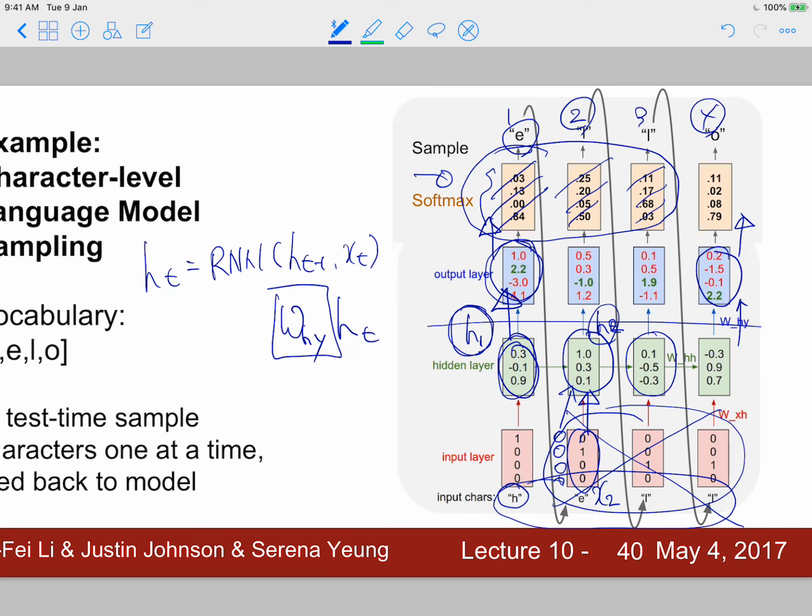It could be a particular character, or a special token like start of sentence or start of word. But anyway, let's assume that we provided a single character in the very first time step.